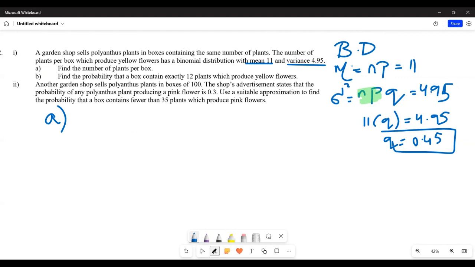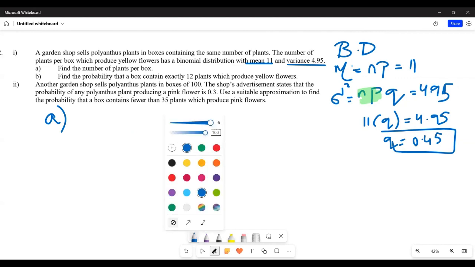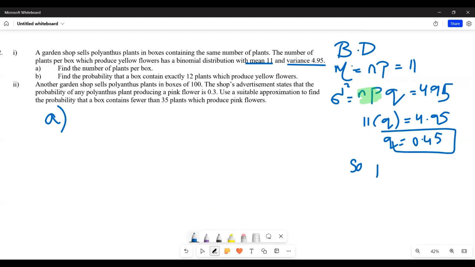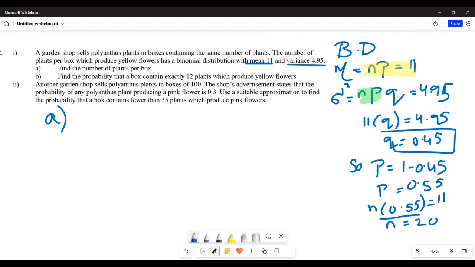If Q is 0.45, then P would be 1 minus 0.45, which is 0.55. And now you can substitute it here and get N as well. So N comes out to be 20 from here. So this is the solution for part A that I've done on the right.